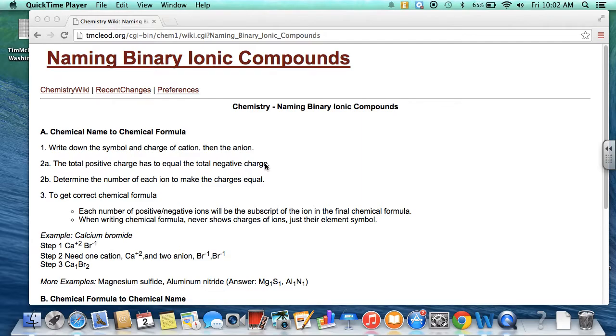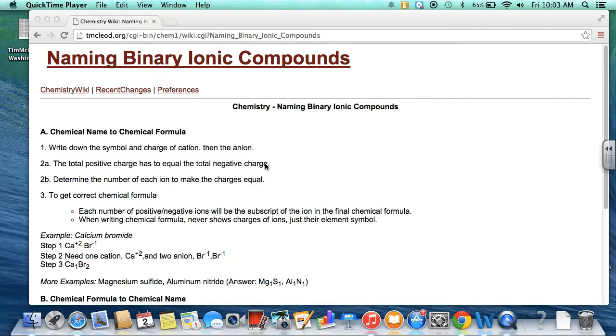Now, the other big overarching thing you need to remember about ionic compounds is the cation always goes first, the anion always goes second. Those are the rules. Just like in any of these naming exercises, I do the chemical name to chemical formula first, and then the chemical formula to the chemical name second.